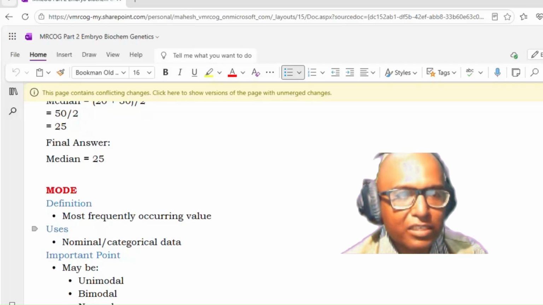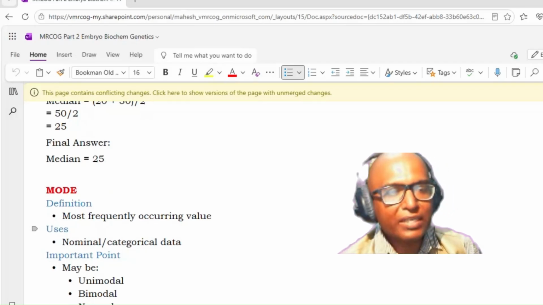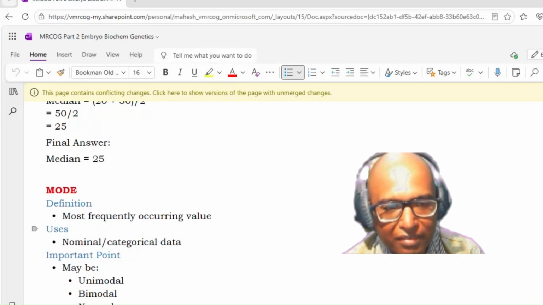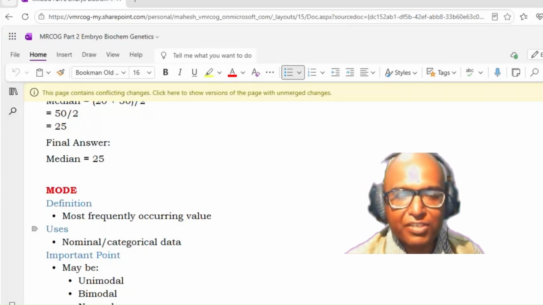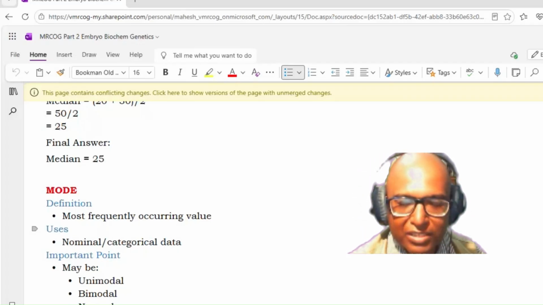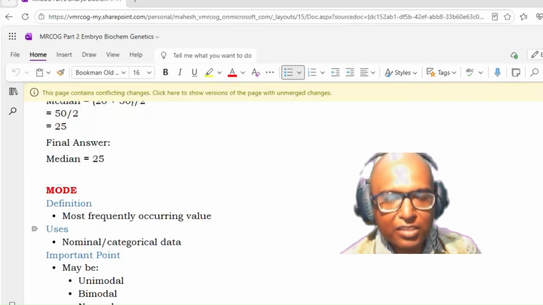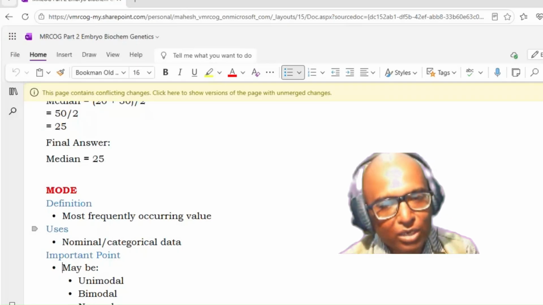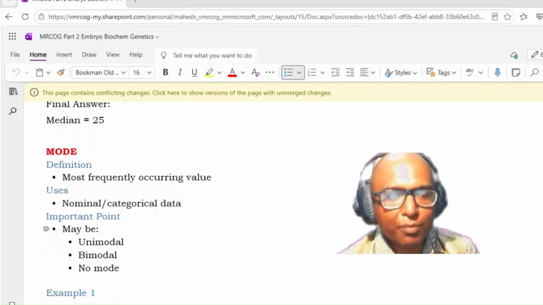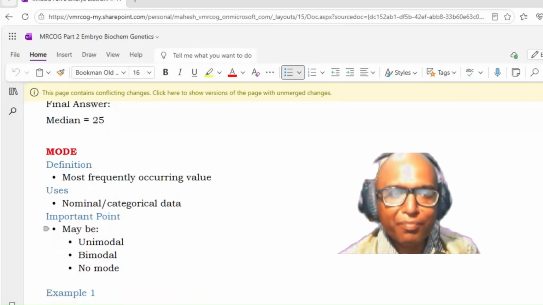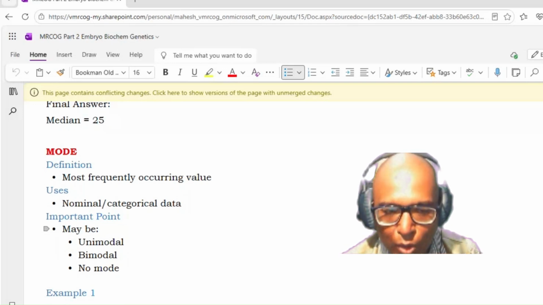Okay, so the last concept is the mode. Mode is the most frequently occurring value. Whatever the data set, the value which occurs more frequently is the mode. This is useful when you have nominal data or categorical data. An important point here: your data set may be unimodal, it may be bimodal, or it may not have a mode at all.